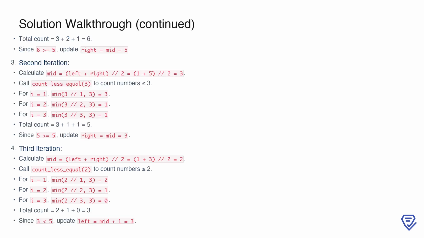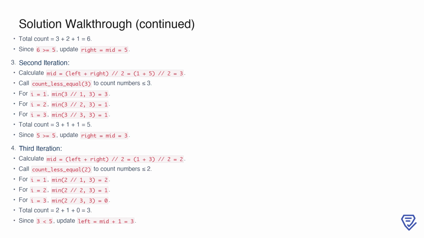Since the total count of numbers less than or equal to 5 is 6, which is greater than or equal to our target k equals 5, we update the right boundary to mid, making right equals 5. In the second iteration, we calculate a new midpoint as mid equals (1 + 5)//2 equals 3. Using the count_less_equal function again, we calculate the count of numbers less than or equal to 3.